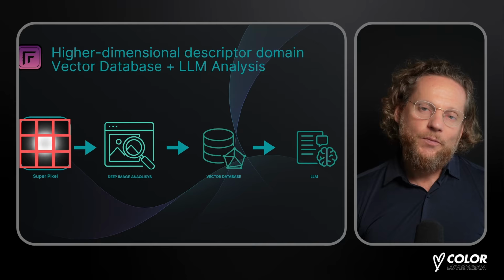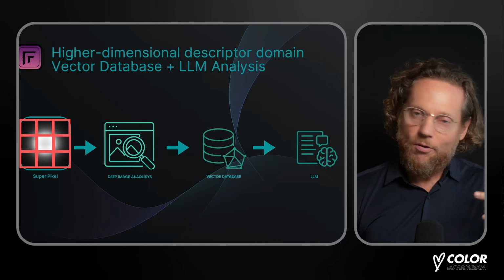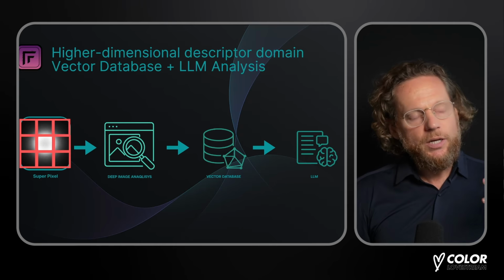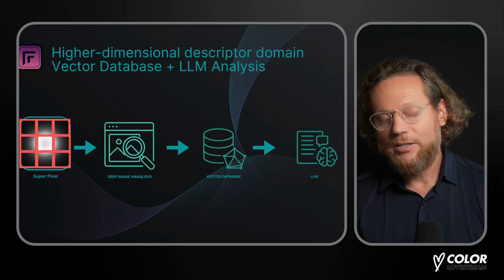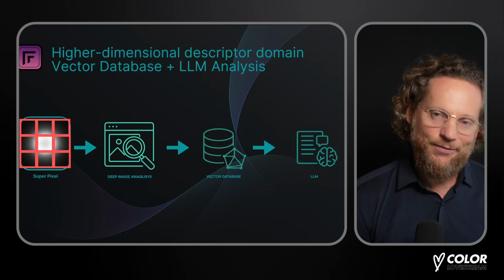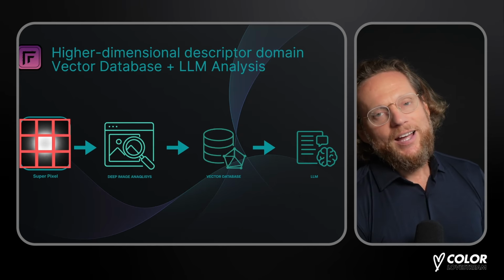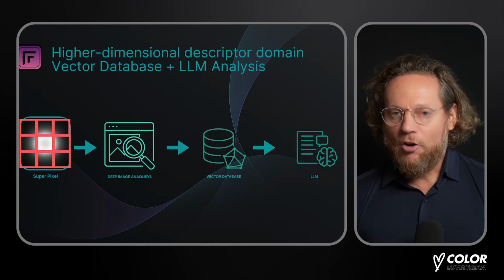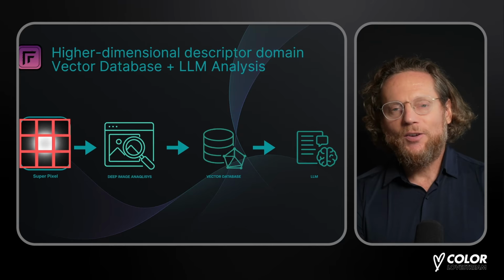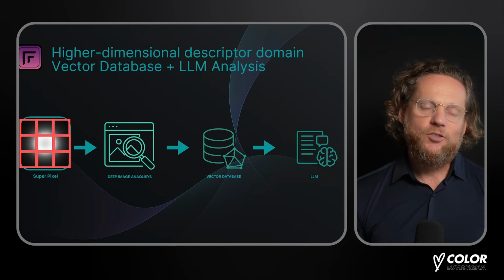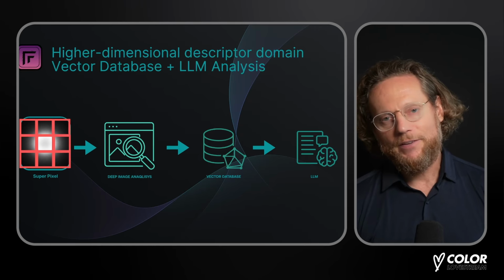But also, what's really interesting is there is already an existing connection between vector databases and large language models that are multimodal. That means they can analyze the data from that vector database and communicate in a linguistic way what's really happening, and not just numerical and graphical.